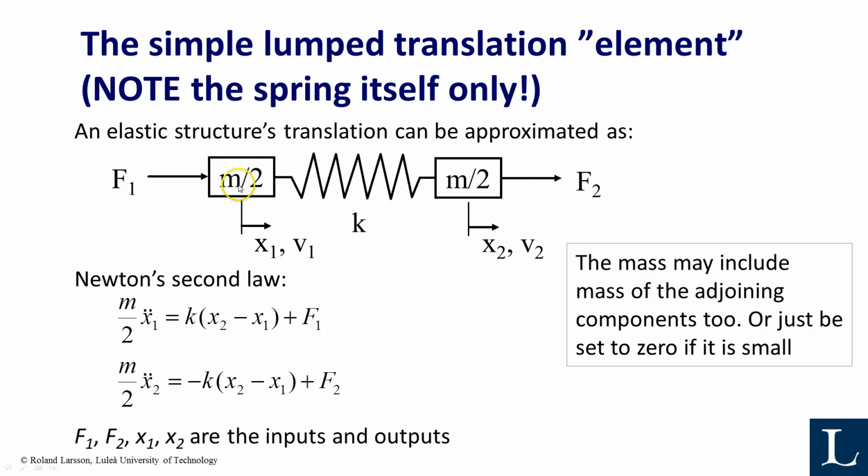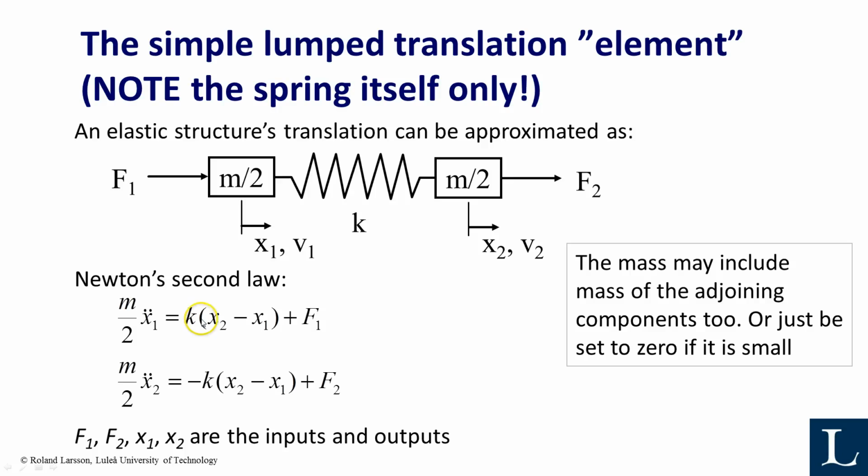So if we connect some other system to this subsystem, we just lump the mass of this part to the end of this spring system. And now we have isolated this subsystem, we can just use Newton's second law to find the force equilibrium. So it's just the mass multiplied by the acceleration is the same as the applied forces.